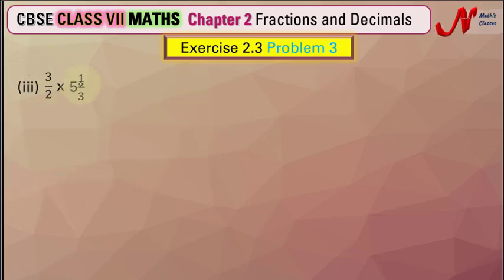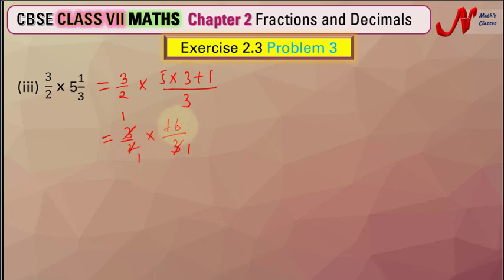Now we solve the third bit of problem 3. Here given 3 by 2 into 5 1 by 3, which can be written as 3 by 2 into (5 into 3 plus 1) by 3, which is equal to 3 by 2 into 16 by 3, since 5 3s are 15 plus 1 is 16. Cancellation is possible, so we cancel: 3 ones are 3, 3 ones are 3.